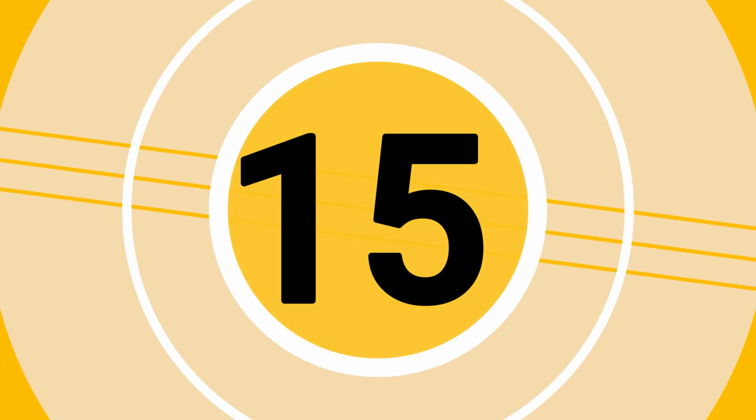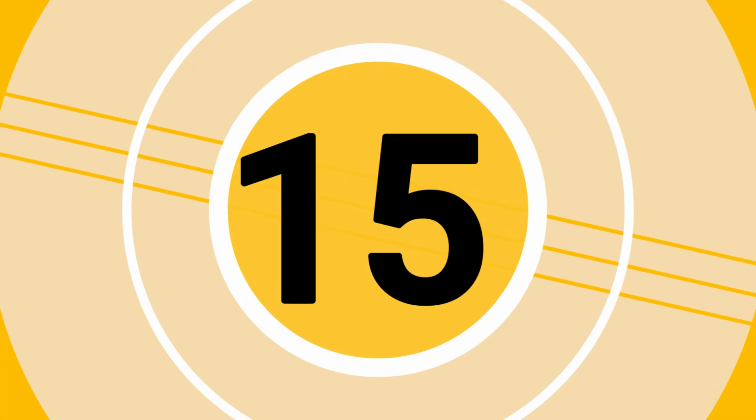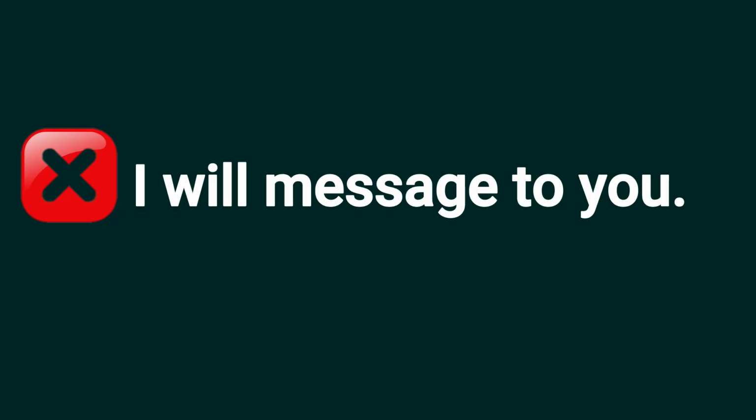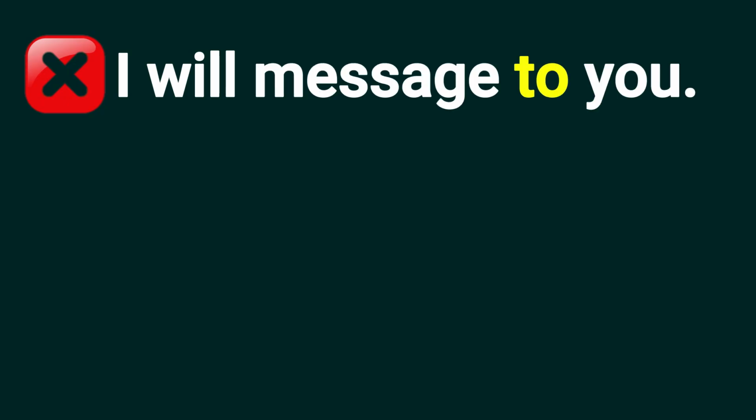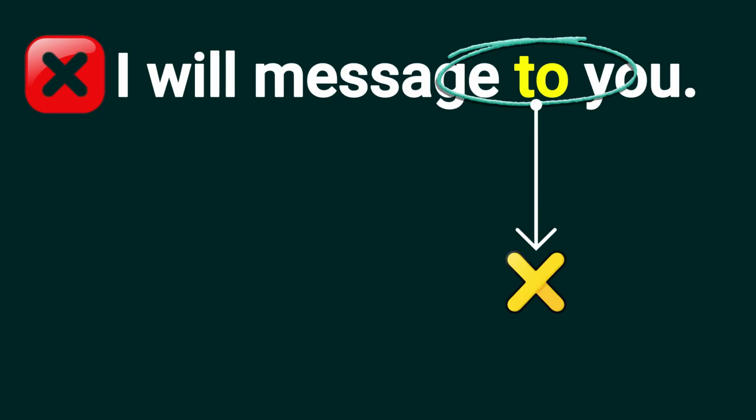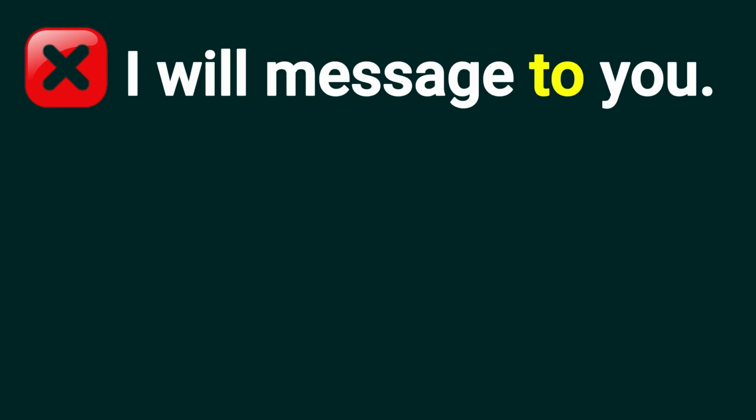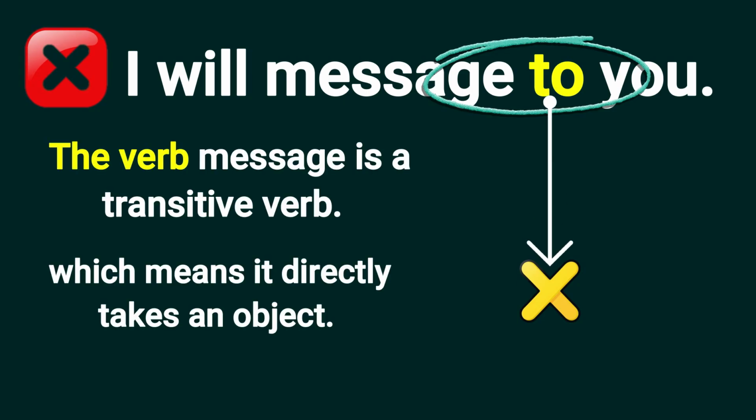Mistake number 15. I will message to you. So let's find out the mistake. Here using of to is wrong. So let's understand the reason. Using of to is wrong because the verb message is a transitive verb, which means it directly takes an object.